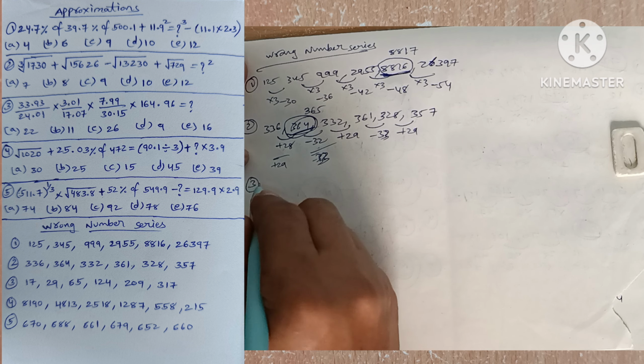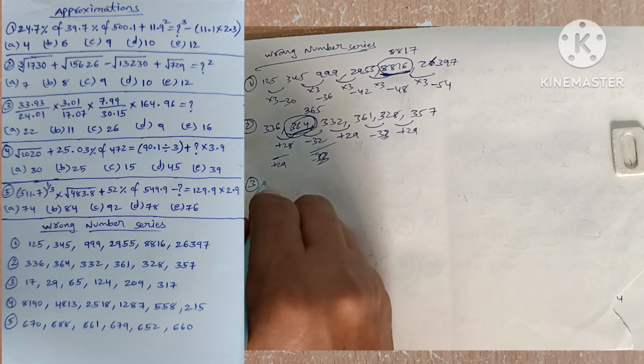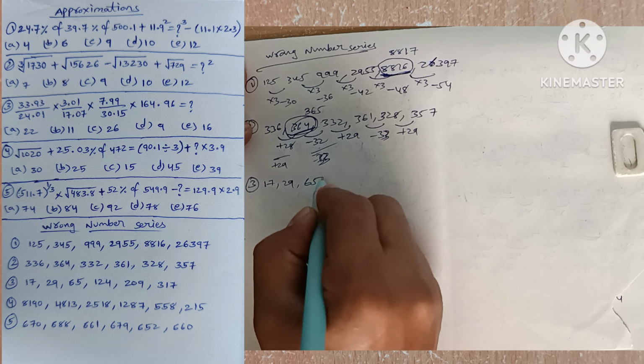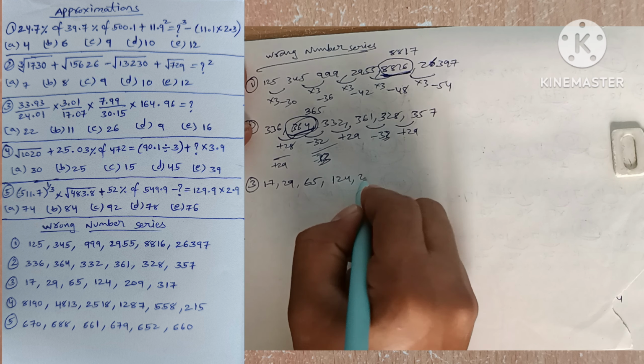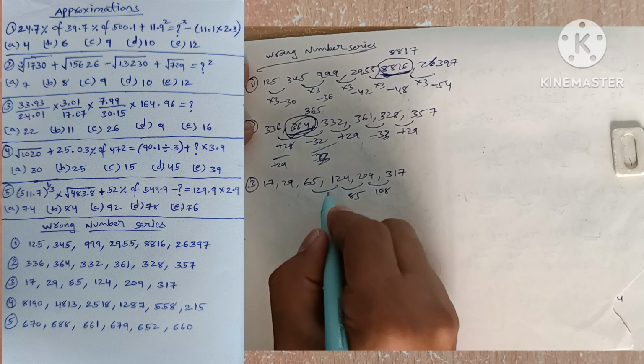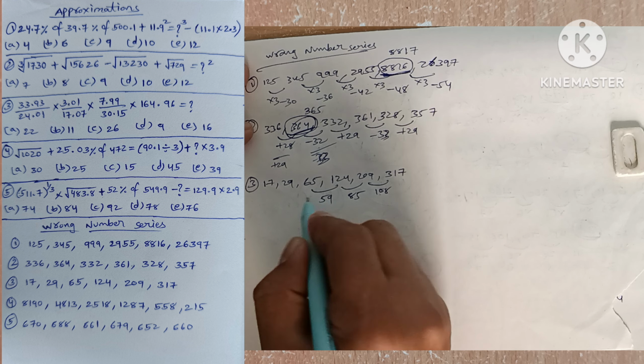Third one. 17, 29, 65, 124, 209, 317. Here the difference is 108. Here the difference is 85. Difference is 59. Here 36.